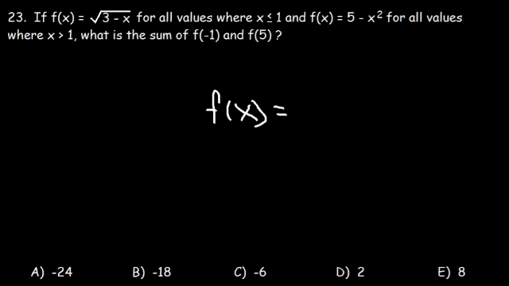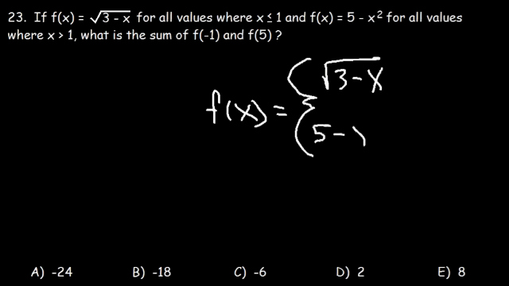It can equal the square root of 3 minus x, and it can equal 5 minus x squared, depending on the value of x. So the first equation is true when x is equal to or less than 1, and the second equation should be used when x is greater than 1. So the goal for this problem is to find the sum of these two function values.